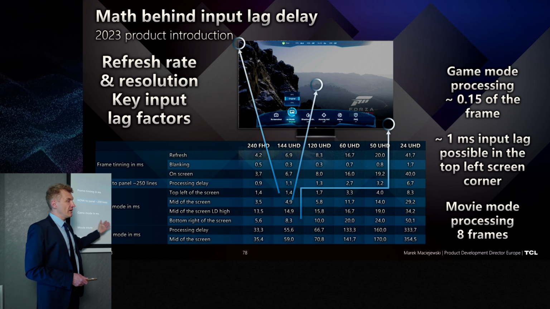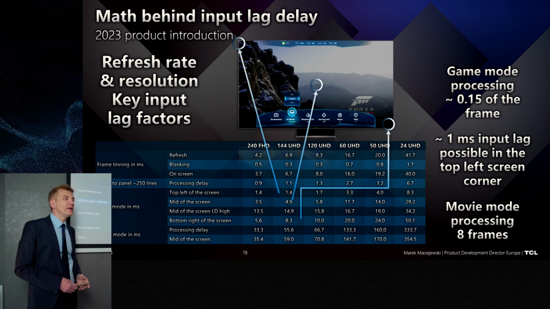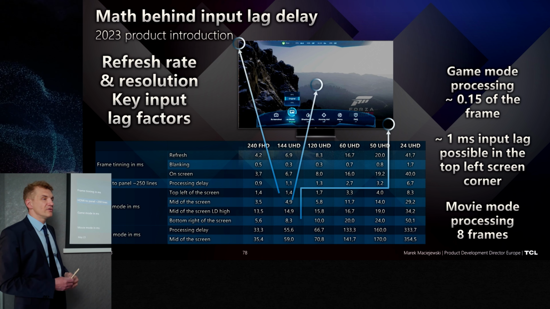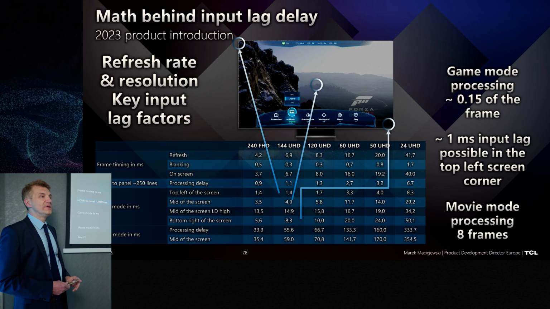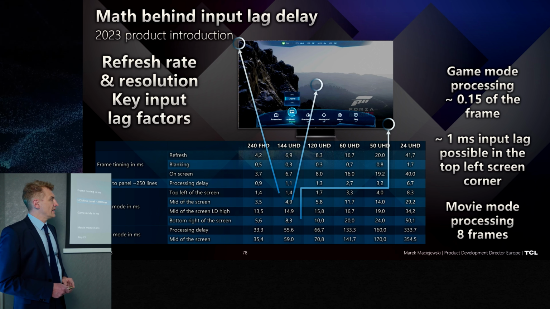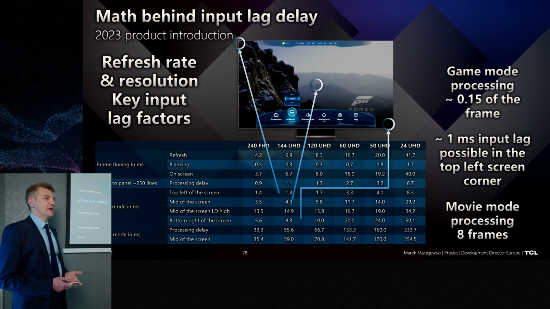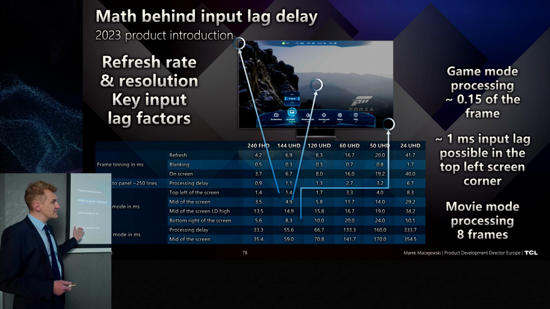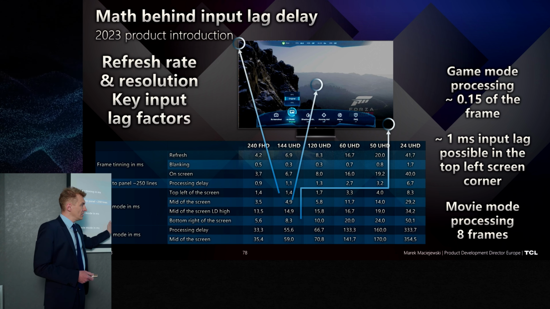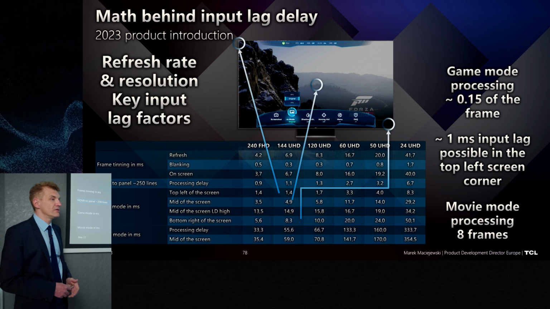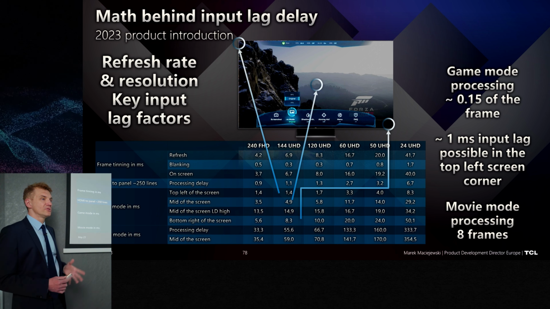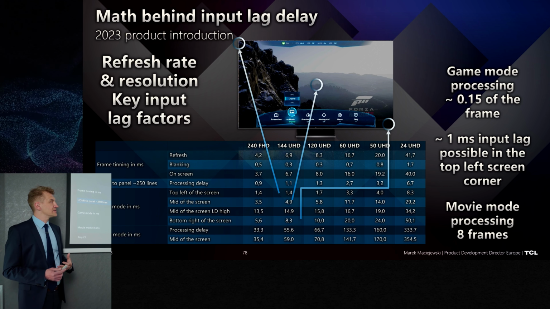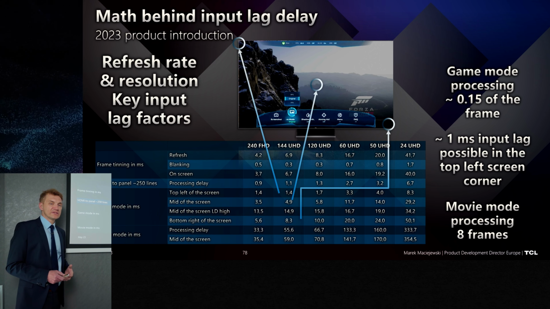And then you can also have impact coming from local dimming, as especially in 120, 144 we have slight millisecond delay coming from the adaptation of it. But on the movie side you see that in general the delay, the processing time, is around 8 frames. We need this time to do scaling, temporal noise reduction, and so on. So it takes time inside to process the picture.